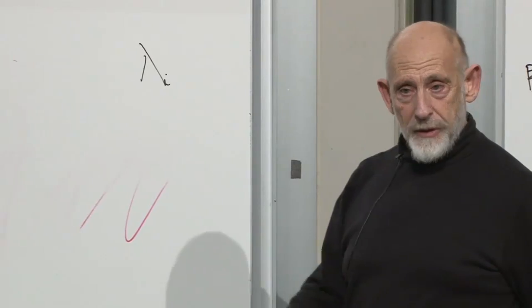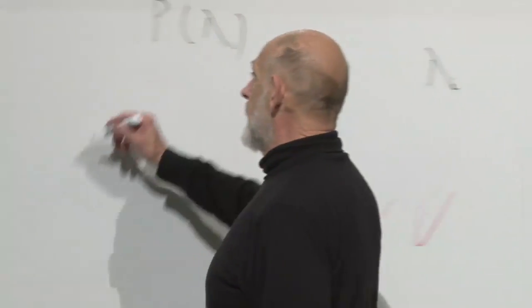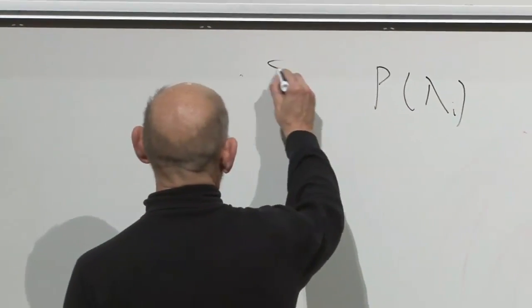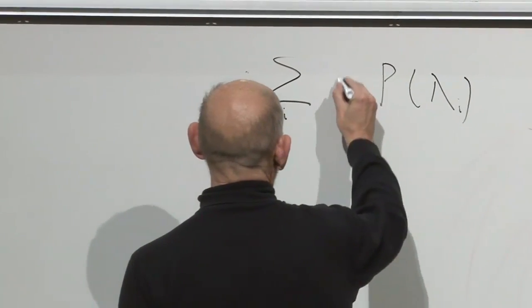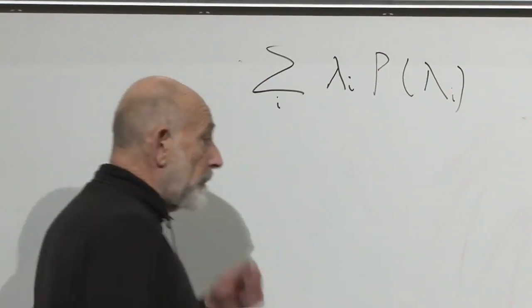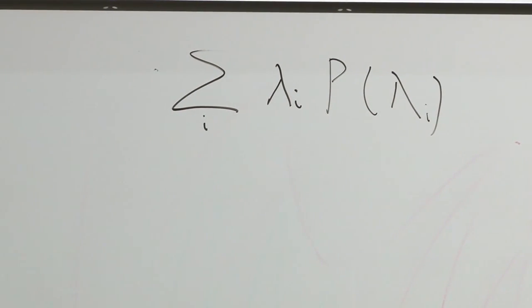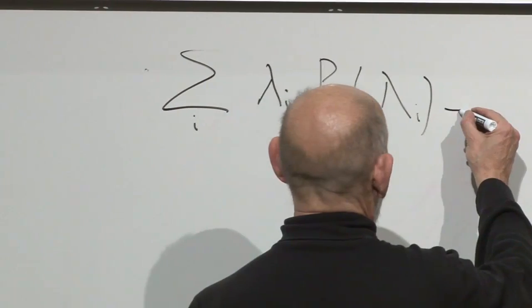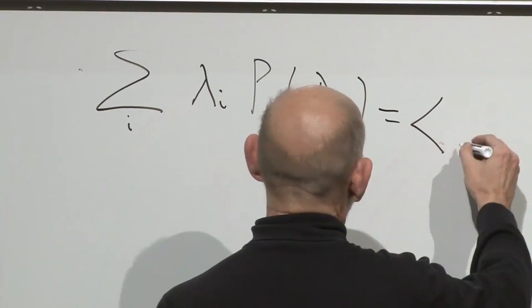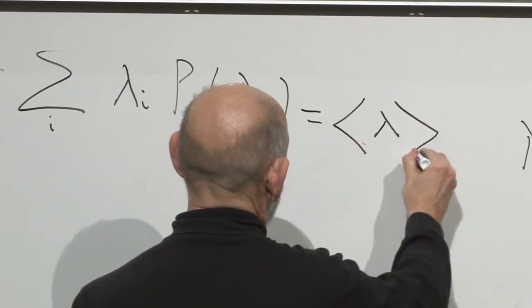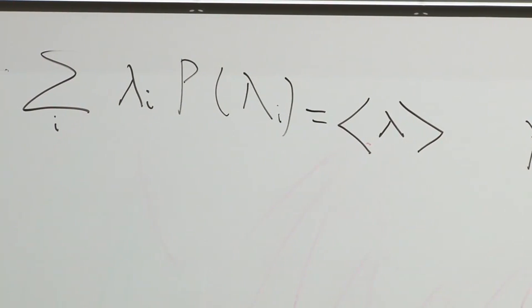Then the definition of the average is the sum over i of lambda i times the probability for lambda i. That's the definition of the average, and we'll represent the average by the bracket symbol.